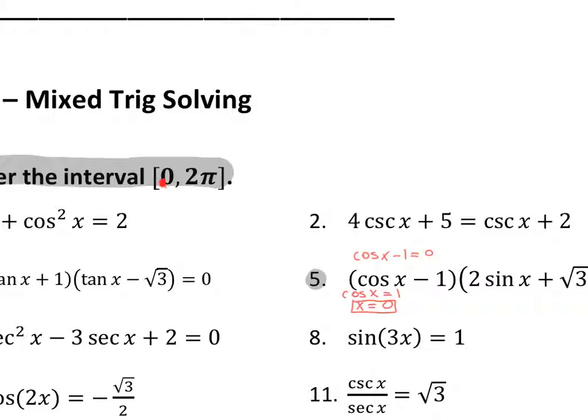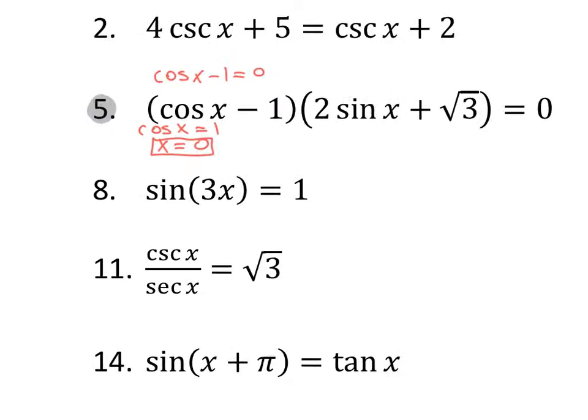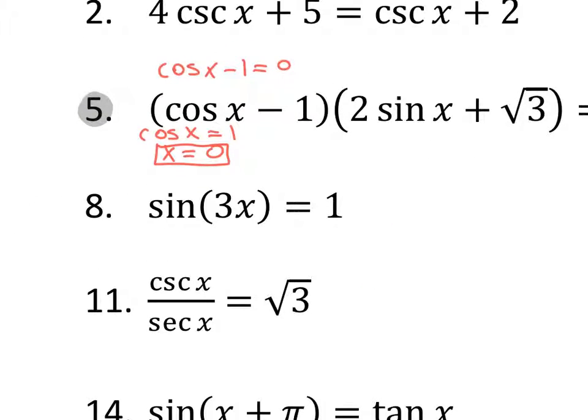So that means 0 is a solution and 2 pi is a solution. Now, if this were to be a parenthesis, then 2 pi cannot be a possible solution. So then let me fix that. X can either be 0 or 2 pi.